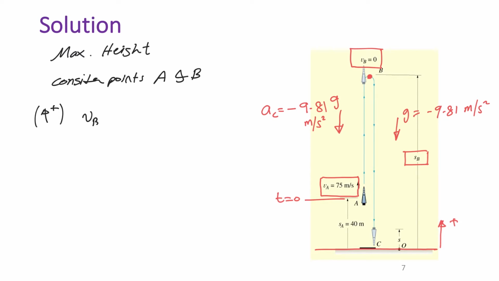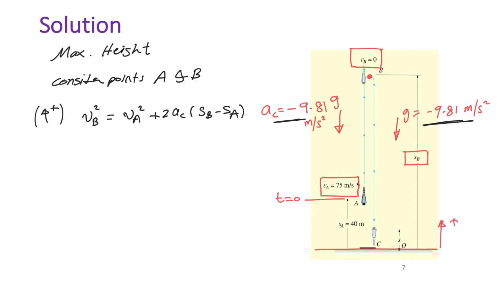And then we will write the equation VB square equals VA square plus 2AC multiplied by SB minus SA. As you see, this is a constant acceleration equation, because the acceleration in here is constant.